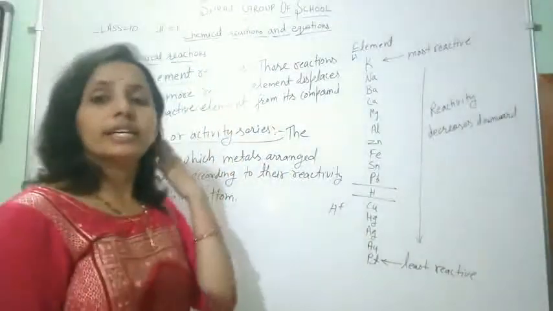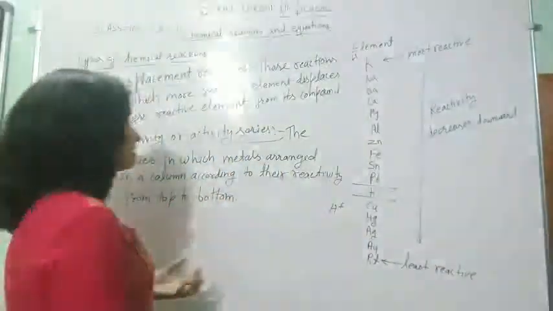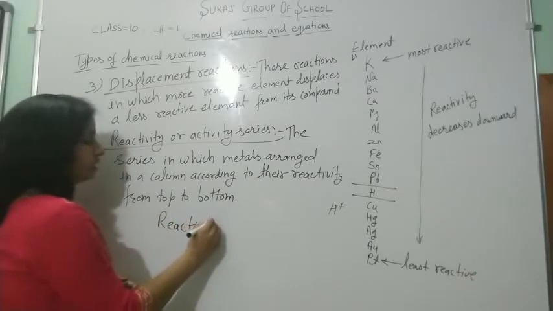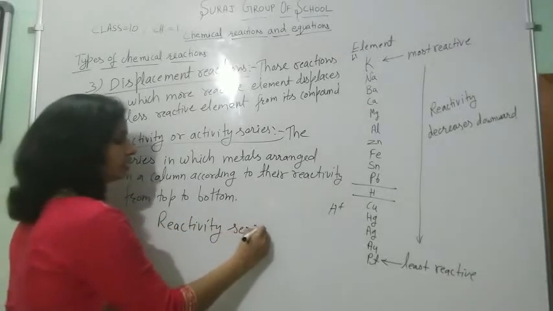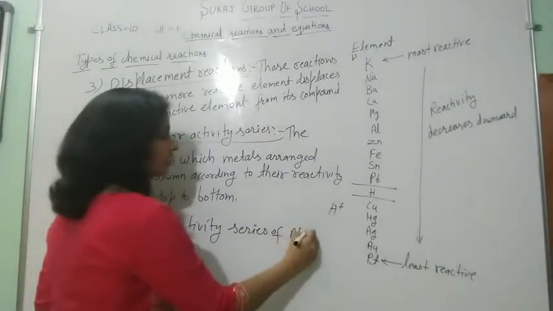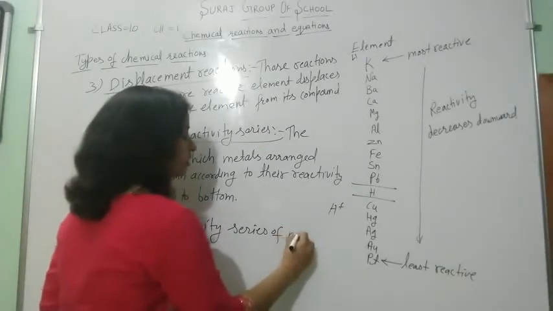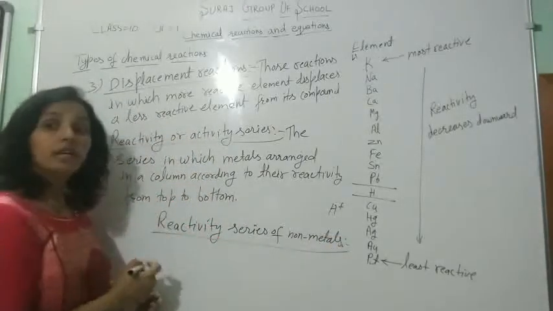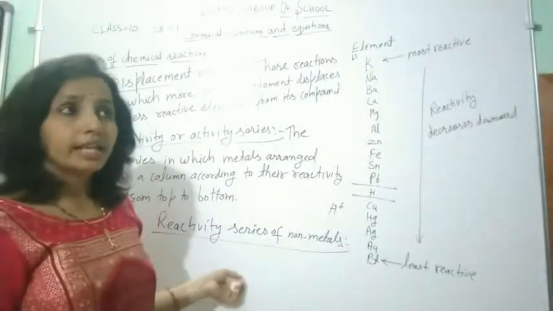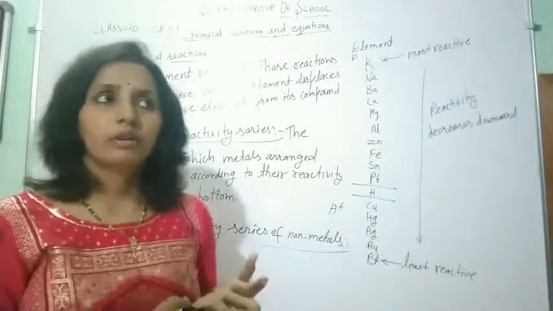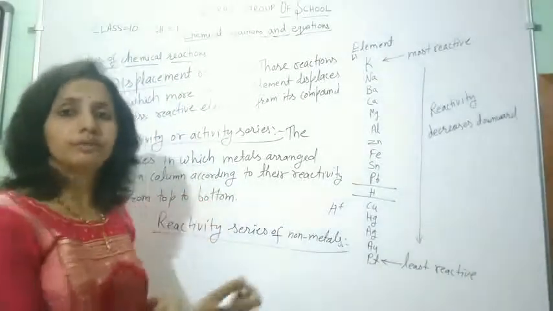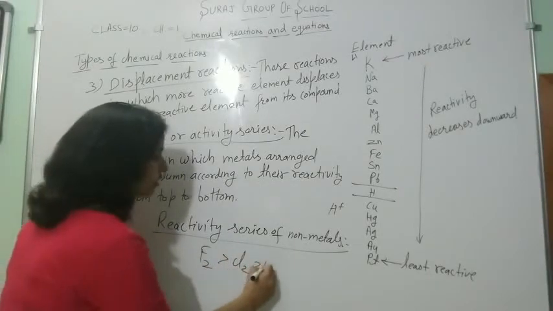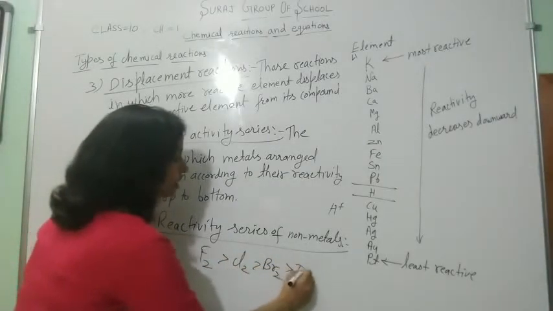Now we can take the reactivity series of non-metals. For this we can take the example of the halogen family, which is as follows: fluorine, chlorine, bromine and iodine.